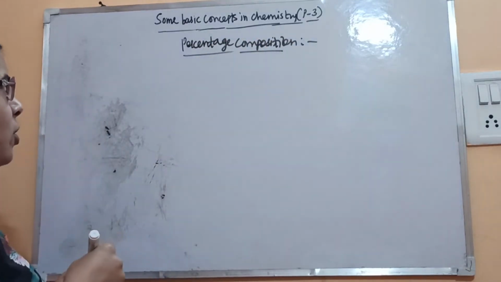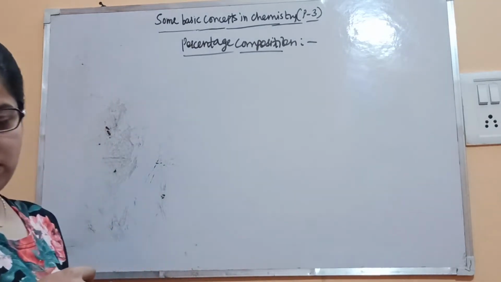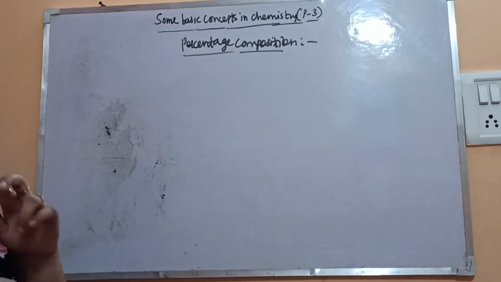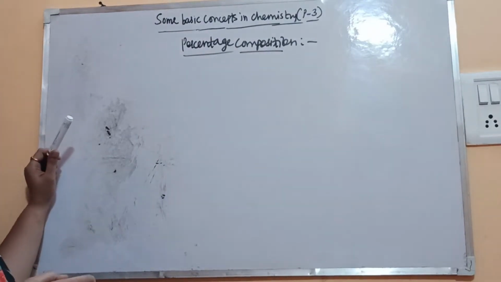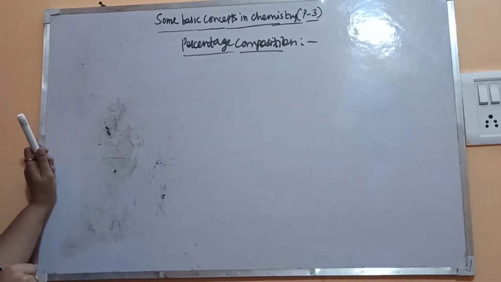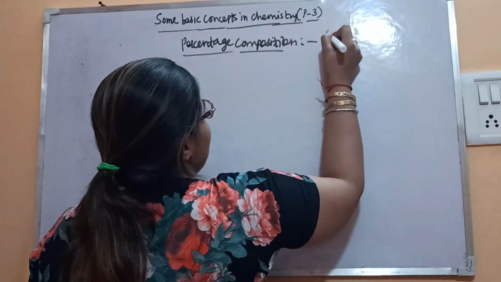What is percentage composition? It means we have to calculate it for the elements. Percentage composition of a compound is the relative mass of each of the constituents in 100 parts of it by its mass. Okay, so let's see what percentage composition is.